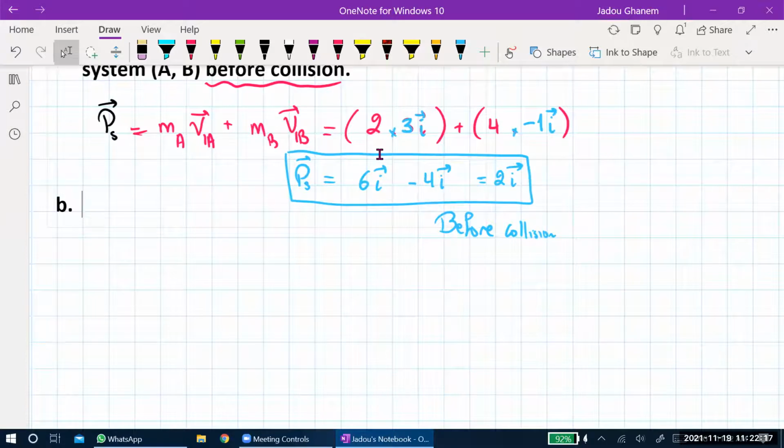Okay, in question number B, determine the velocity Vg of the center of inertia G of the system AB.